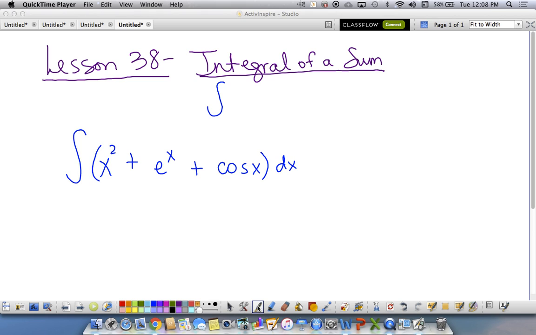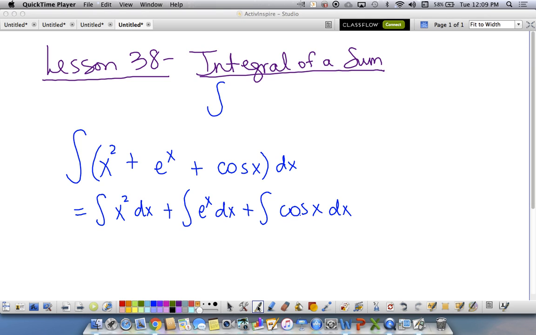So, the integral of all of this added together is simply the integral of x squared dx plus the integral of e to the x dx plus the integral of cosine x dx. And if you can integrate every single piece, then you can know the integral of all of them added together. So, let's do that.